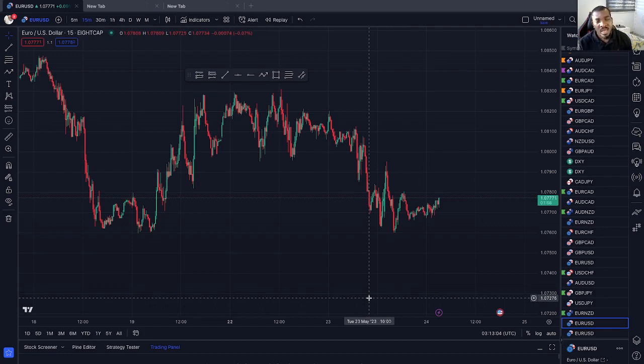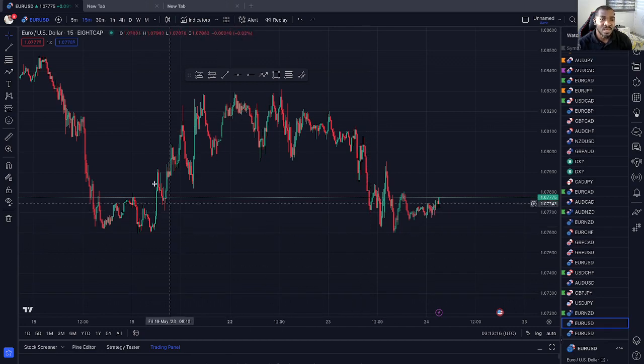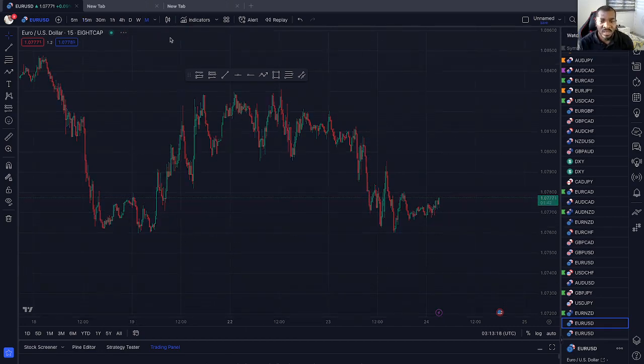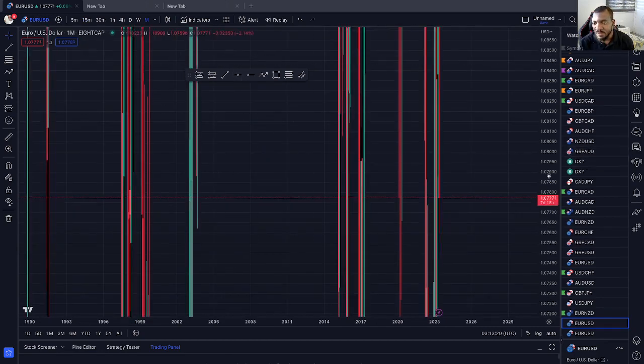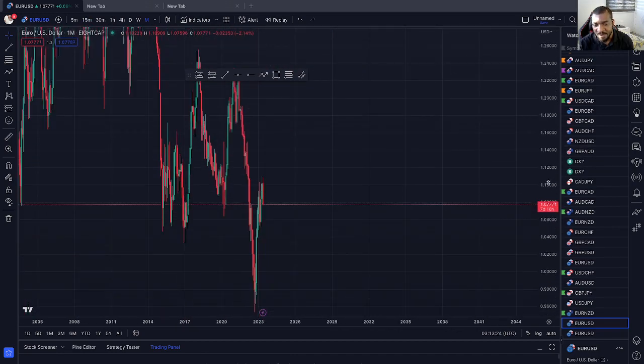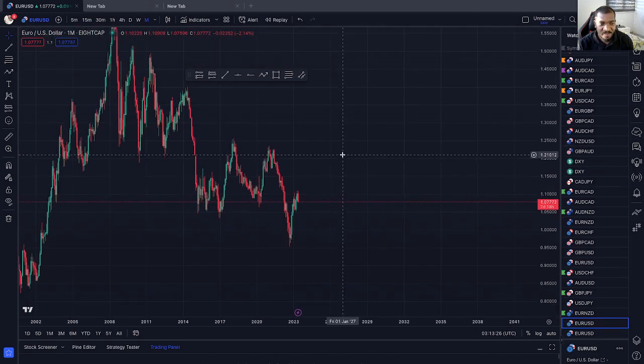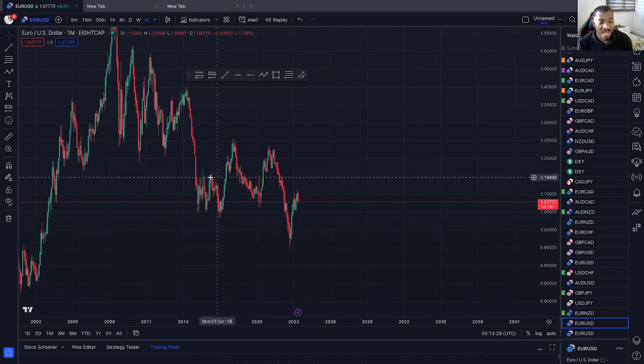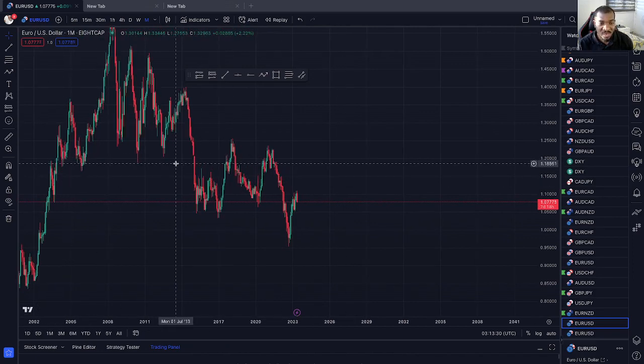So this is where a top-down analysis comes into the market. You have to understand what is really happening in the monthly candle you are in, the weekly candle you're in, and then the daily candle you're in. So first, let's go to our monthly time frame and see what we have. On our monthly time frame, we could clearly see this is the whole thing that has been happening since 2002, but we're not interested in all this price.